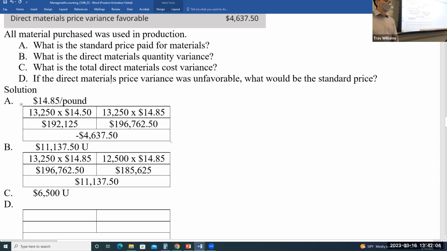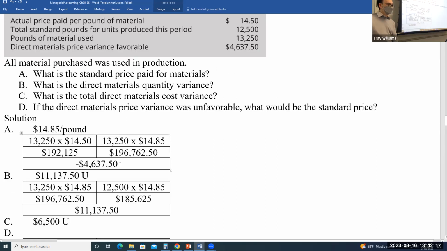Part D, if the direct materials price variance were unfavorable, then what would be the standard price? Okay. So in other words, they want us to redo this one, but with a positive number here to figure out a new standard price. So this part's going to be the same.